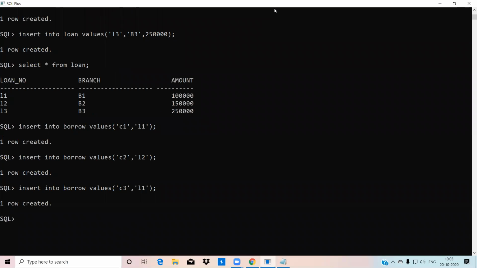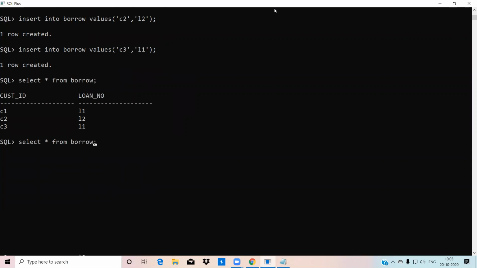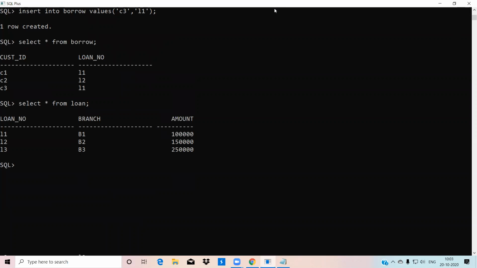Okay, now you can see here we have two tables, the borrow table and the loan table.